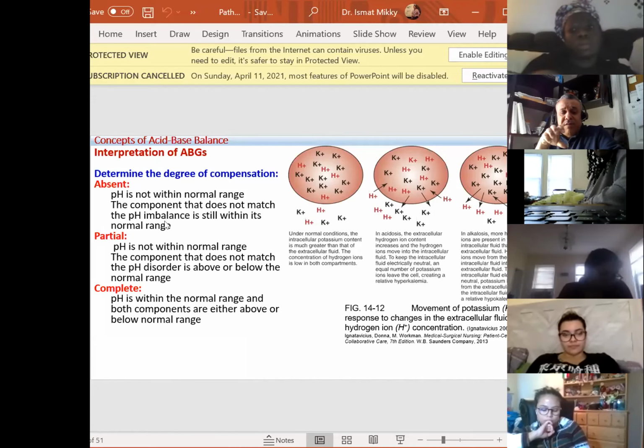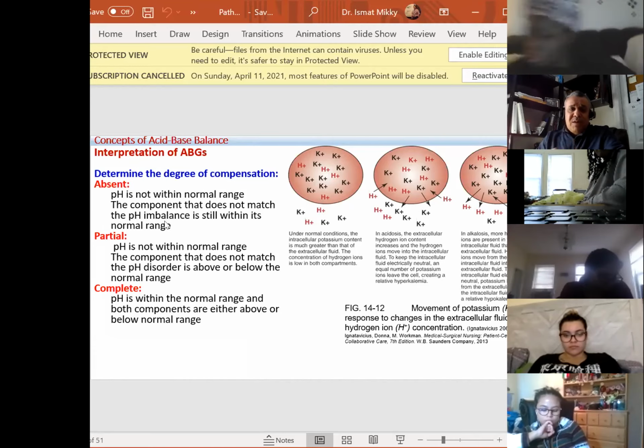When patients develop acidosis, it will result in hyperkalemia. Patients with hyperkalemia will eventually develop acidosis. You see that exchange between the K plus and the H plus, potassium and the hydrogen ion. And remember that the hydrogen ion is a source of acidity.